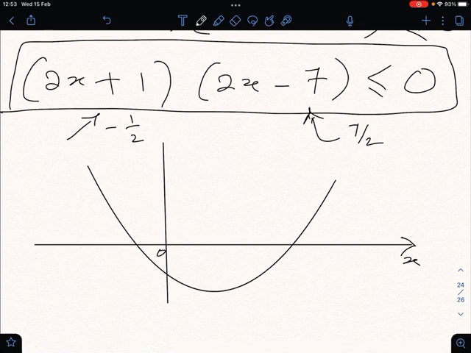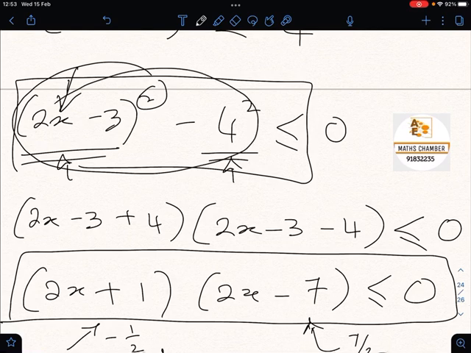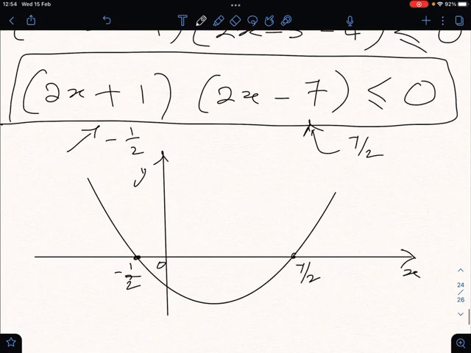This is just a sketch to help us determine the corresponding values of x. So x here is negative half, and this is 7 over 2. We know the quadratic has to be less than or equal to 0. The wanted region, where y is less than 0, is all these points here.